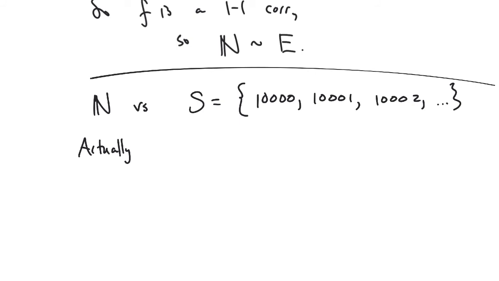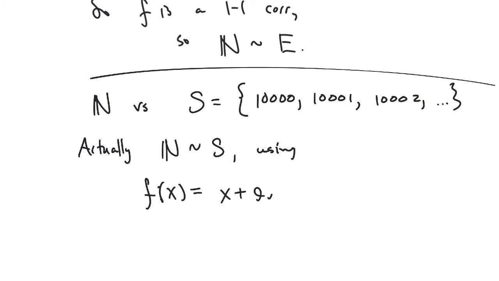Anyway, N is the same cardinality as S using the function f of x equals. Anyone think of what function you can use to get from the set N into the set S? Yeah, x plus 10,000, or technically 9999, right?